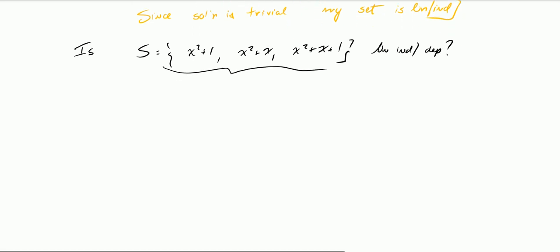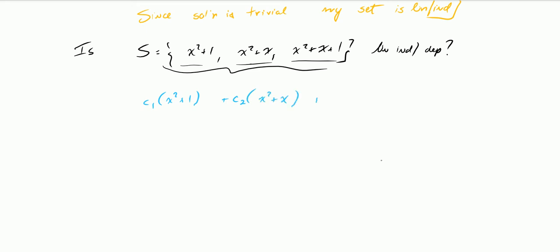Again, I want to find my scalars C for which, when I take the linear combination of these 3 vectors, I get the 0 vector. So I'm trying to find C1 times (x squared plus 1) plus C2 times (x squared plus x) plus C3 times (x squared plus x plus 1) equal to the 0 vector. In this case, the 0 vector is just the 0 polynomial, so 0.